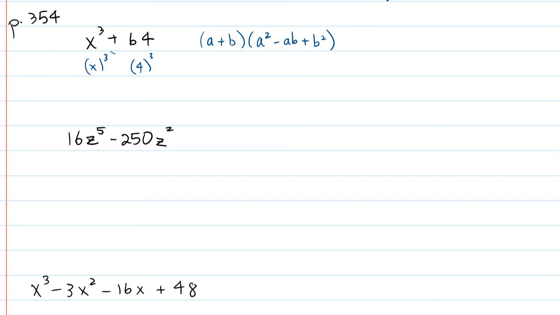In this case, the thing that I'd cube to get x cubed is x, so x is the a. And the thing that I would cube to get 64 is 4, so the b is 4. So this becomes x plus 4 and then x squared minus 4x plus 16.